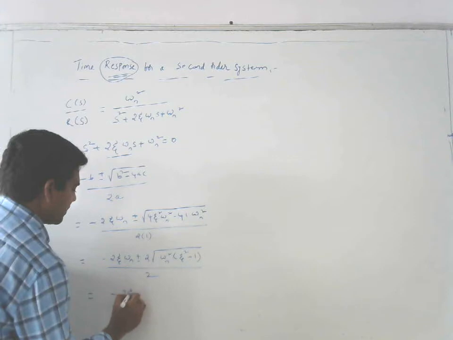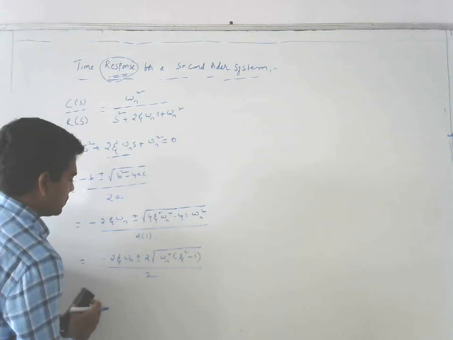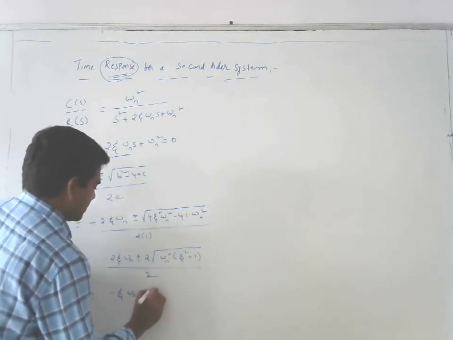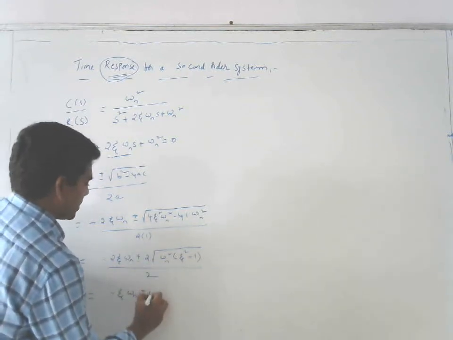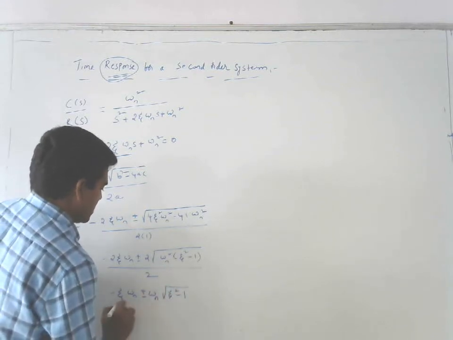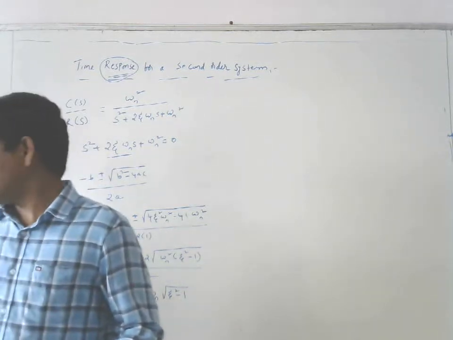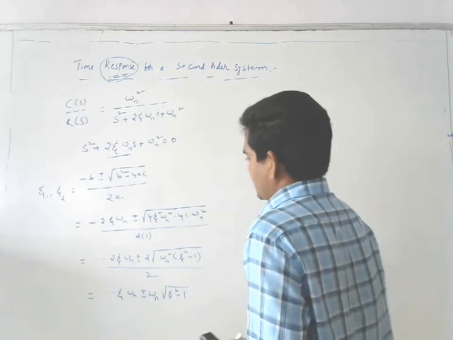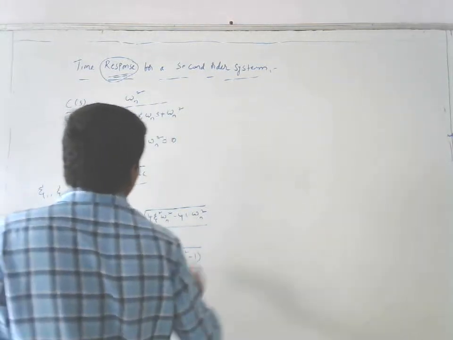Here we have minus 2 zeta omega n by 2, and the 2s cancel. We get minus zeta omega n plus or minus omega n into square root of zeta square minus 1. These are the two roots, s1 and s2.